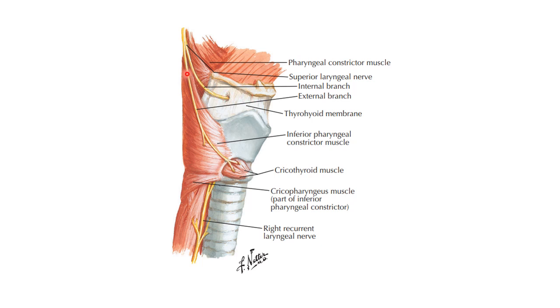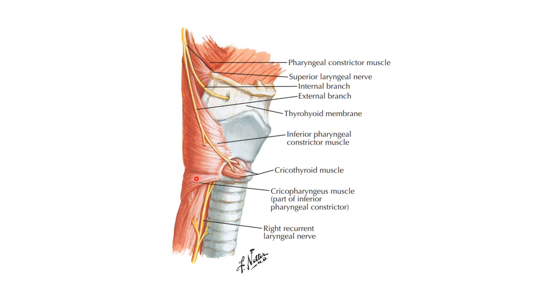Then the external superior laryngeal nerve will continue inferiorly to supply the cricothyroid muscle, which is important for increasing the tension of the vocal ligaments, so that during surgical exploration of this region, for example, during thyroid surgery, this can be severed. This will be paretic, the cricothyroid muscle, and the patient will have an inability to produce a high-pitched sound.